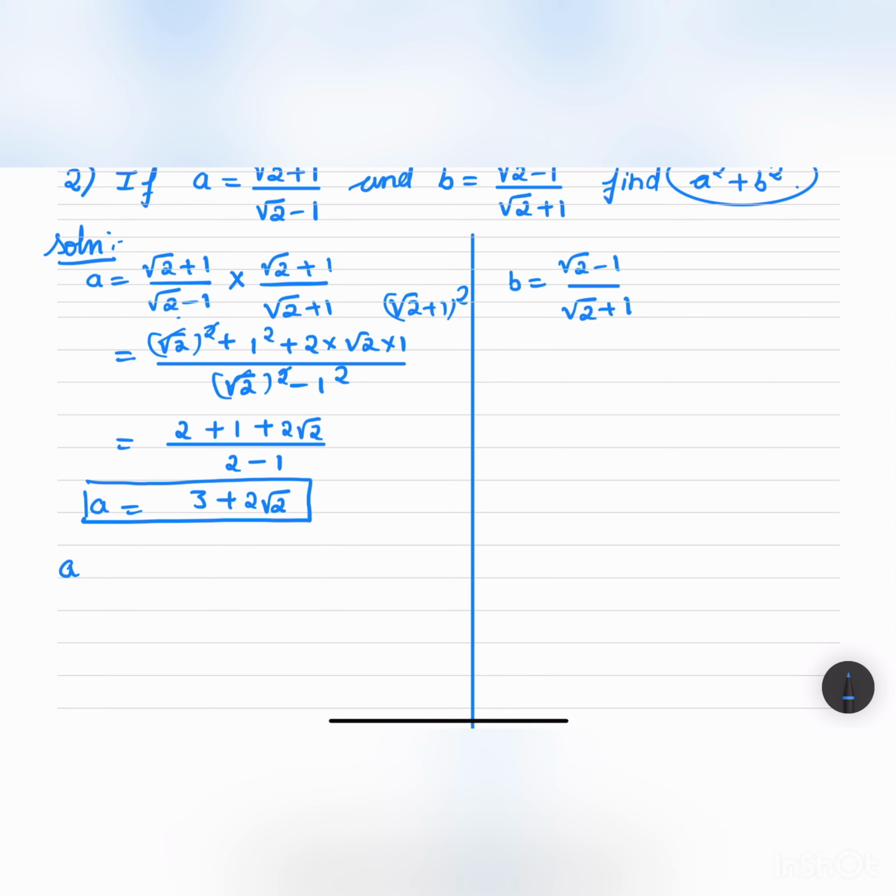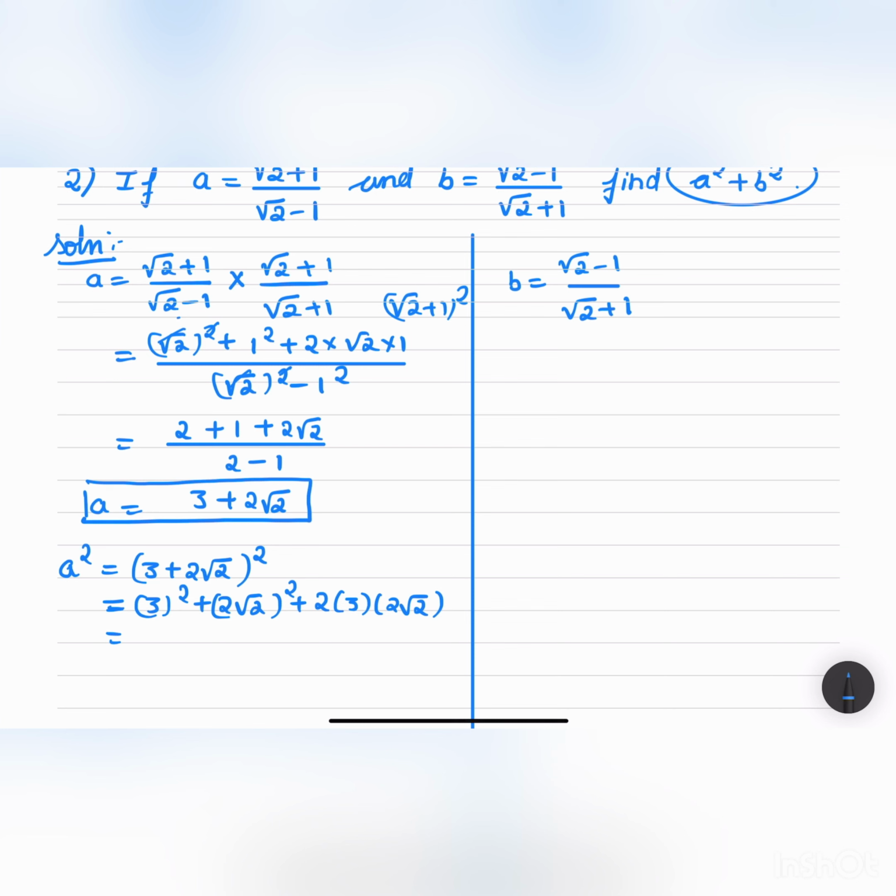So A square will be equal to 3 plus 2 root 2 whole square. Again, it is in the form of a plus b whole square identity. Let us substitute the values in a plus b whole square identity. This is 3 square plus 2 root 2 whole square plus 2 into 3 into 2 root 2.